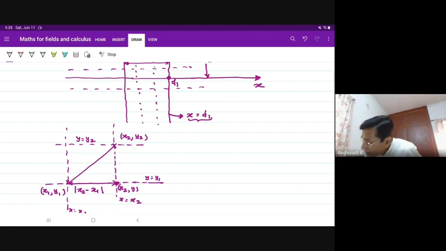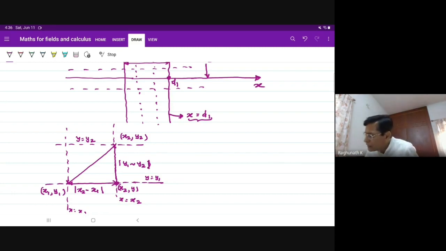In the same way, this is mod of difference between y coordinates, where this side is there on the line with x is equal to x2 from y is equal to y1 to y is equal to y2. Mod y1 minus y2.